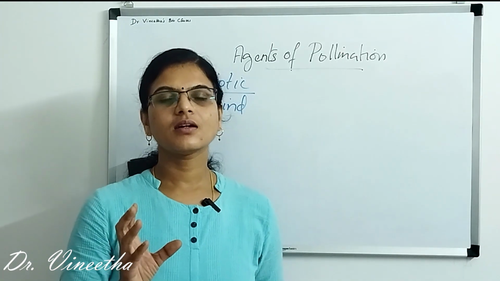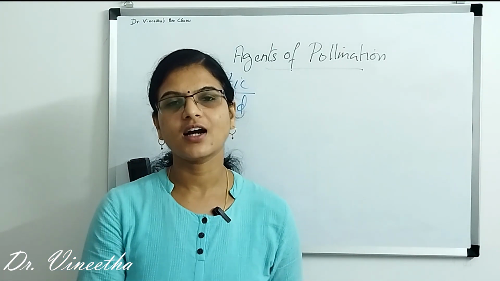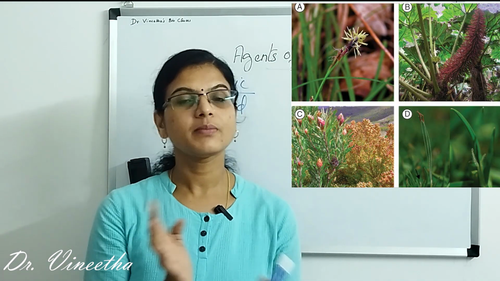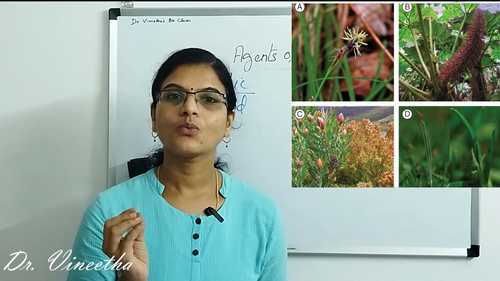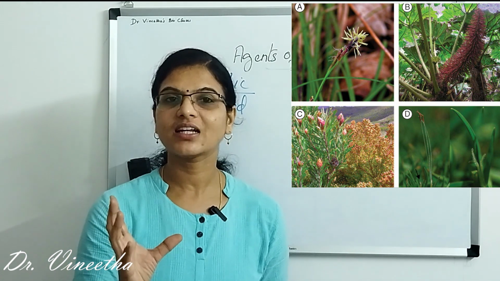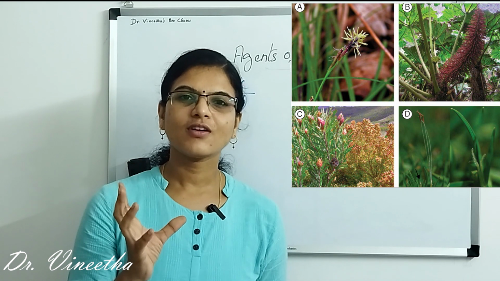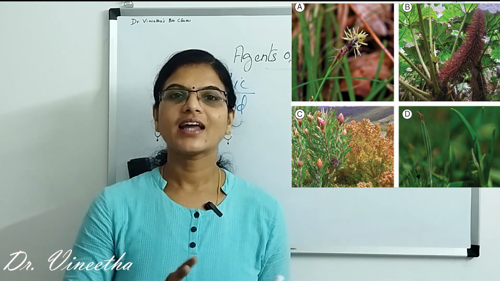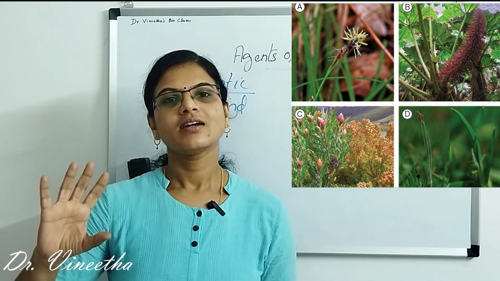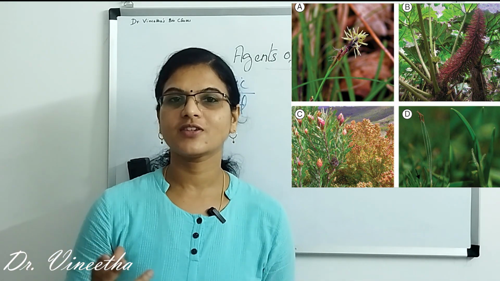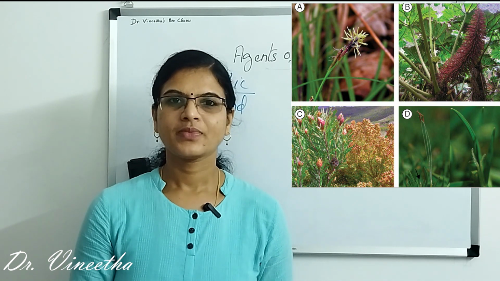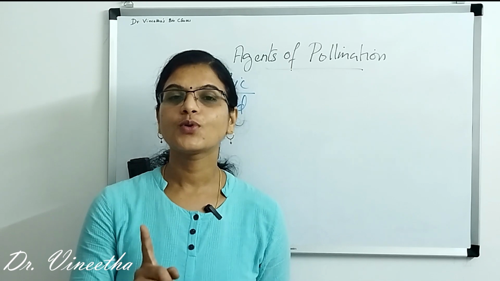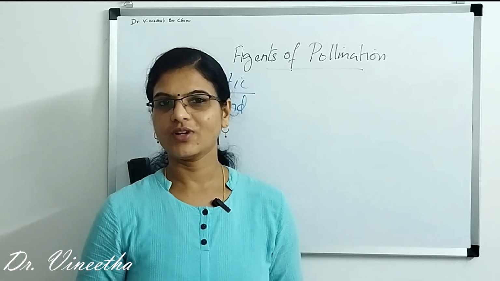Another feature of wind-pollinated flowers is that they will mostly have an inflorescence, that is, a cluster of flowers. What could be the advantage of having an inflorescence? The inflorescence will have so many stigma in it, right? And these stigma can help in trapping the pollen grains which come through the wind. But wind-pollinated flowers will have only one ovule in the ovary.